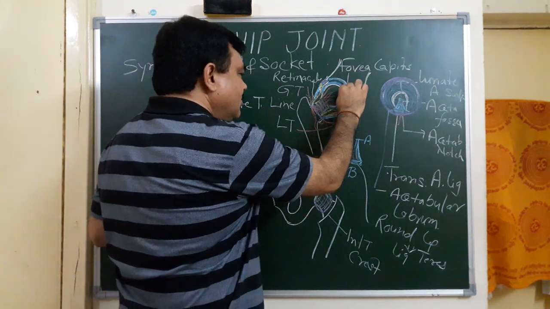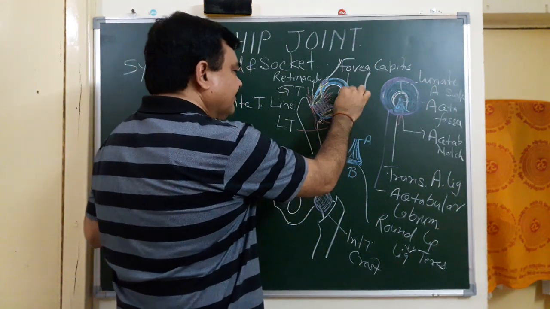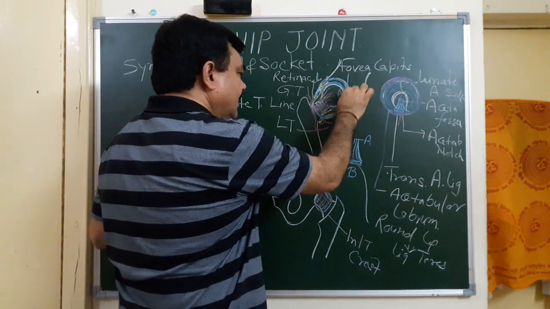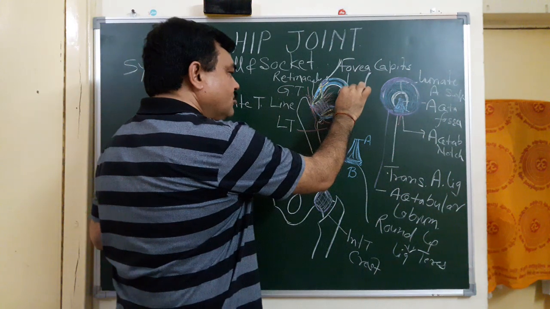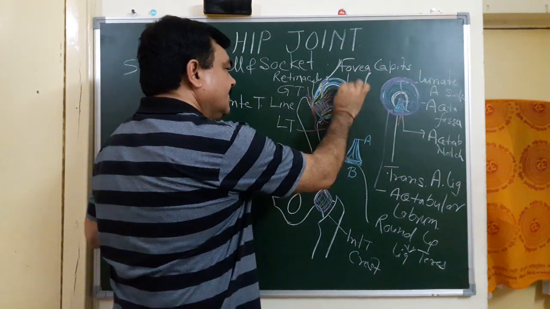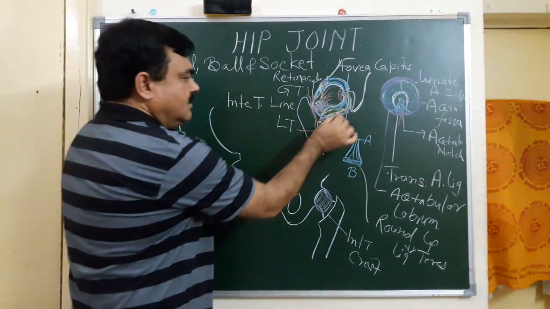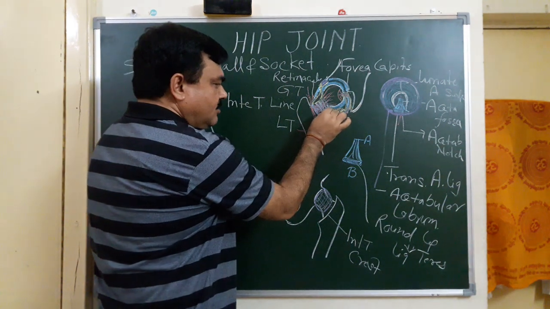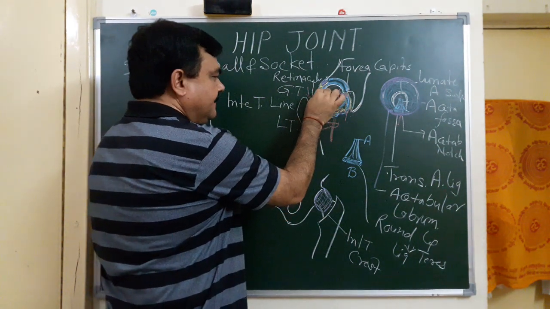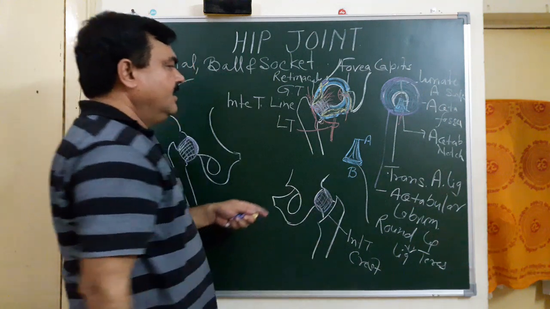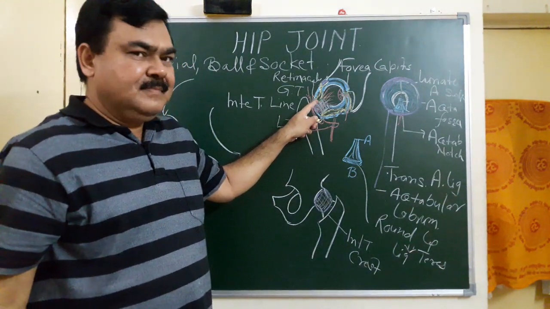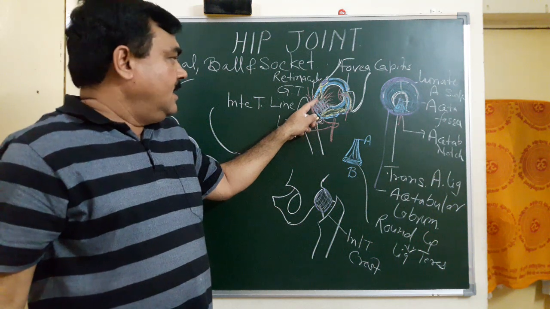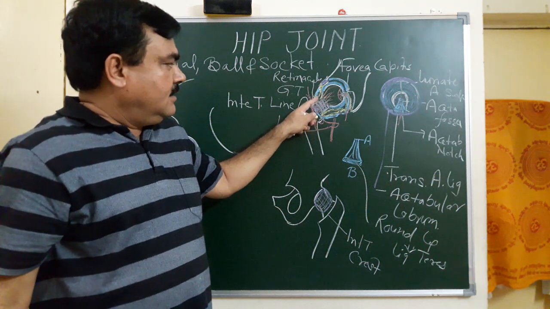The synovial membrane also covers this round ligament, and also it covers this fossa. So this is the synovial membrane, which covers the intracapsular part of the neck and the inner surface of the capsule.